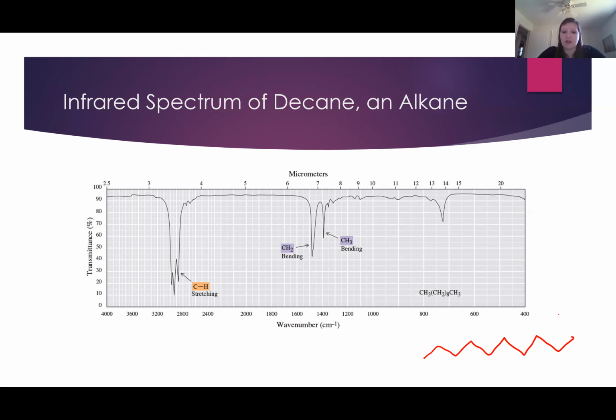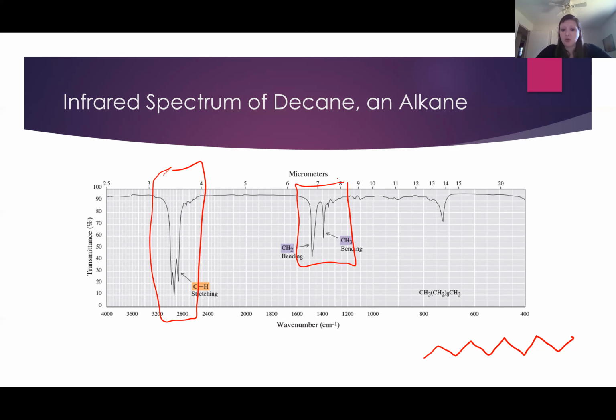So if you irradiate it with IR light, it's going to bend and stretch and give you this spectrum. Every time you have a CH bond, you will get CH stretching in this about 3000 wave number region. You will also get bending for both alkyl and CH2 groups around the 1500 and the 1300 region.